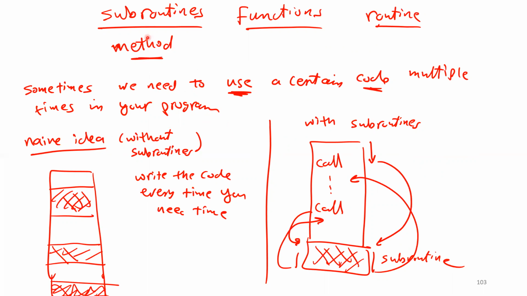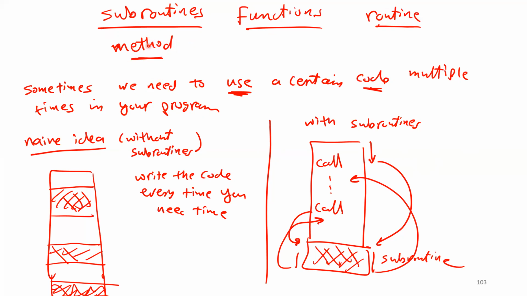Now, I want to talk about subroutines. They are very useful. They are used in all programming languages. Sometimes you use different names to refer to the same thing. Sometimes we say function, sometimes routine, or sometimes the word method.